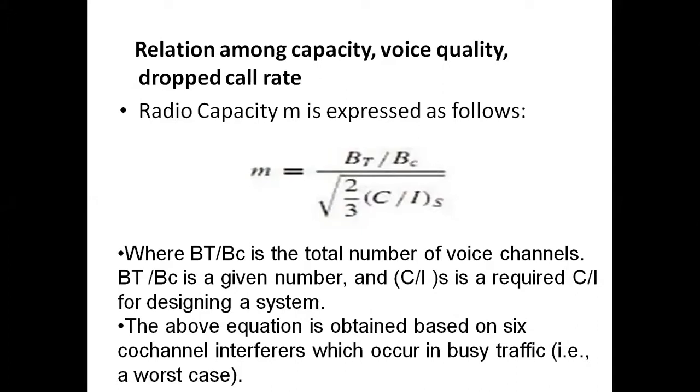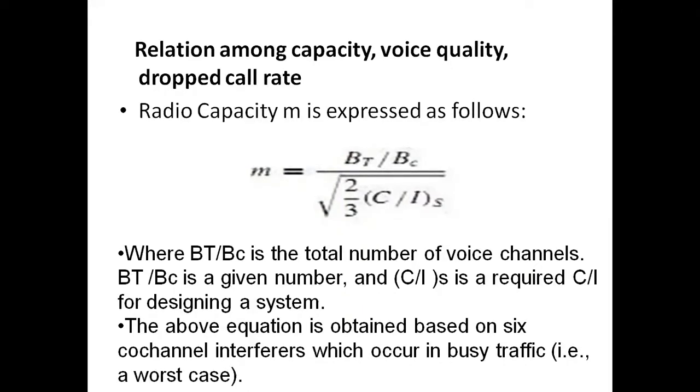The radio capacity, represented as small m, is equal to Bt by Bc divided by the square root of 2 by 3 into C by I of S. Bt by Bc is the number of voice channels in that particular cell, which is a given number, and C by I of S is the required C by I for designing a system, the minimum C by I value needed to get better voice quality.